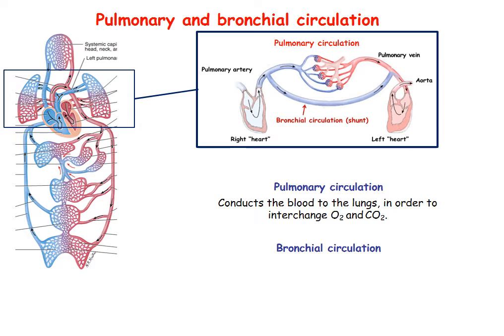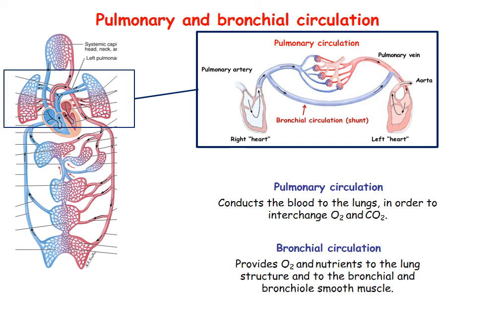On the other hand, we have the bronchial circulation. The bronchial circulation is a shunt between the pulmonary artery and the pulmonary vein, and this bronchial circulation provides oxygen and nutrients to the different lung structures and to the bronchial smooth muscle. Thereby, the bronchial circulation has a nutritional role.